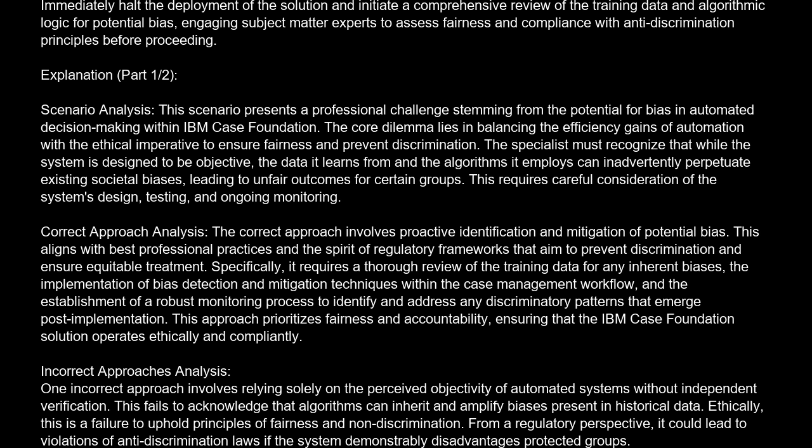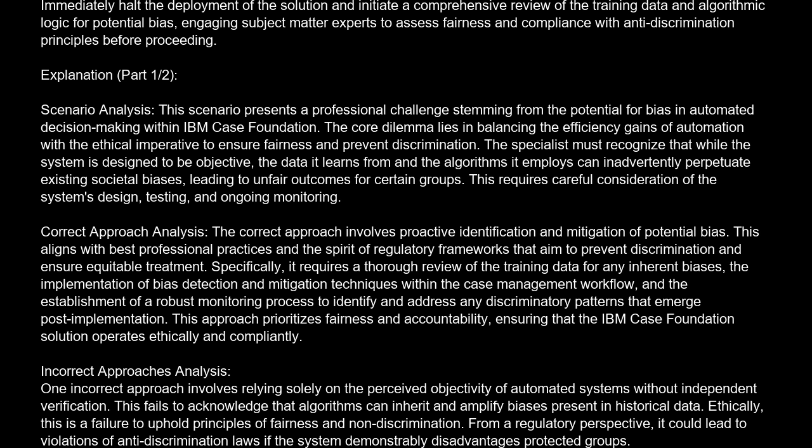Incorrect approaches analysis. One incorrect approach involves relying solely on the perceived objectivity of automated systems without independent verification. This fails to acknowledge that algorithms can inherit and amplify biases present in historical data. Ethically, this is a failure to uphold principles of fairness and non-discrimination. From a regulatory perspective, it could lead to violations of anti-discrimination laws if the system demonstrably disadvantages protected groups.